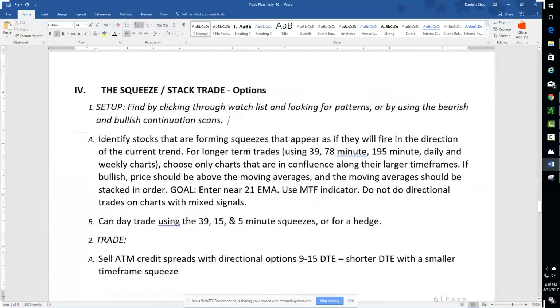The squeeze stack trade, this is my plan from a year ago, so everything's a little changed now. The squeeze stack trade, triple squeeze. This is essentially the confluence of squeezes.